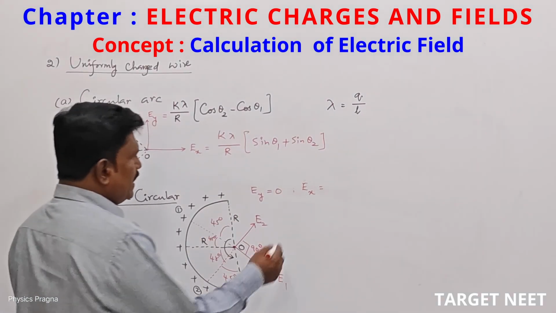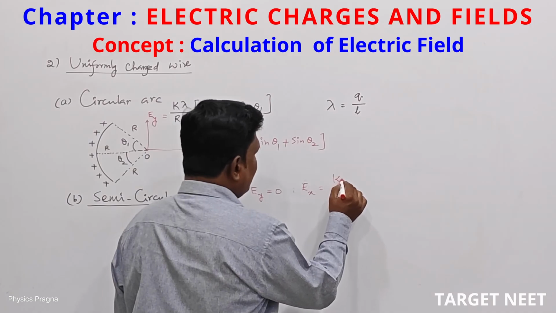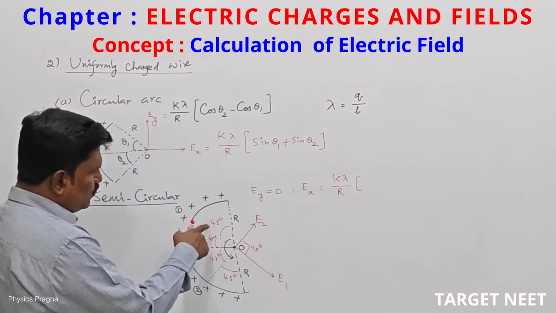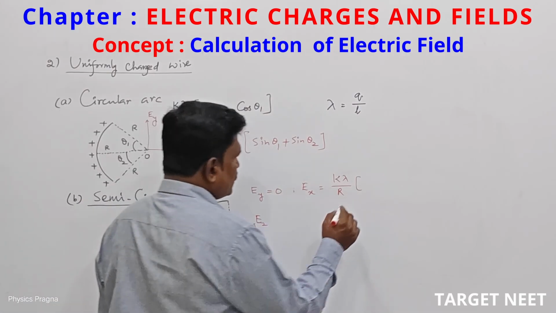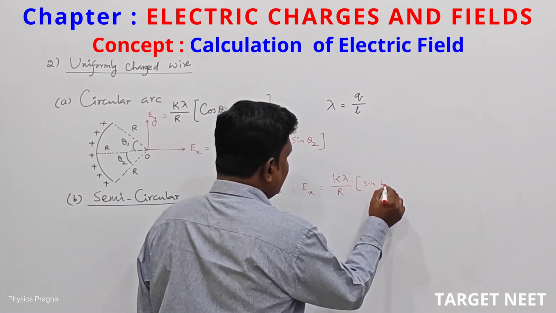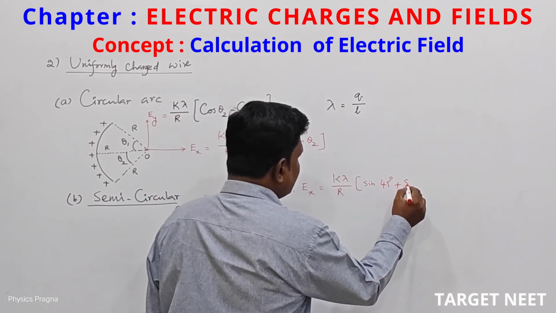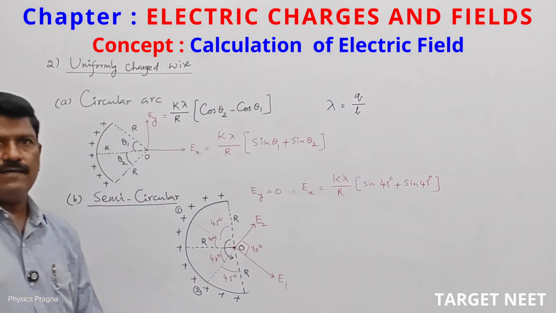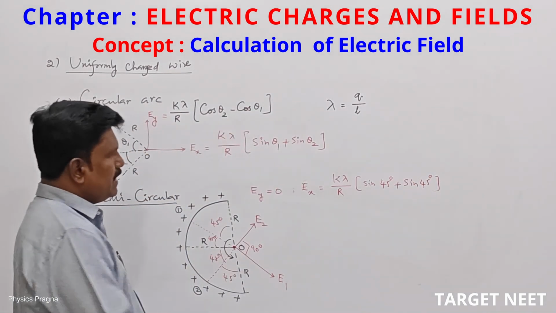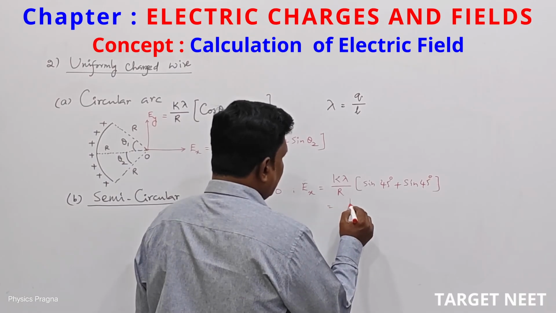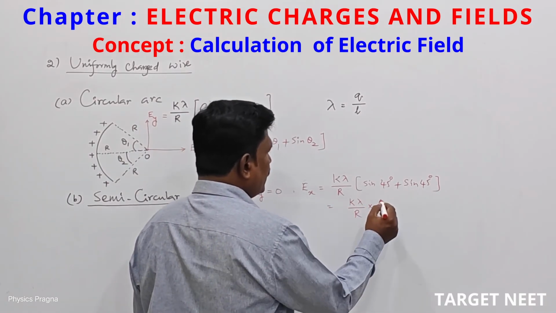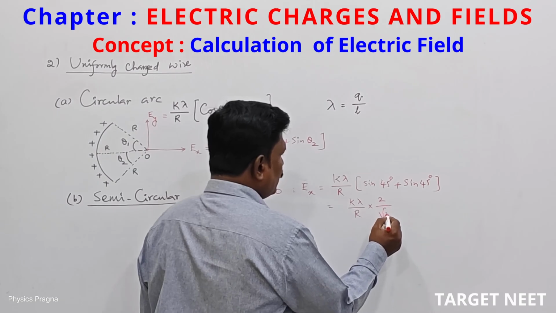Right? So Ex value is k lambda by r, theta 1, theta 2 both are equal and 45. So sine 45 degrees plus sine 45 degrees. Sine 45 is 1 by root 2. So what comes here? k lambda by r into 1 by root 2 plus 1 by root 2, that is 2 by root 2.